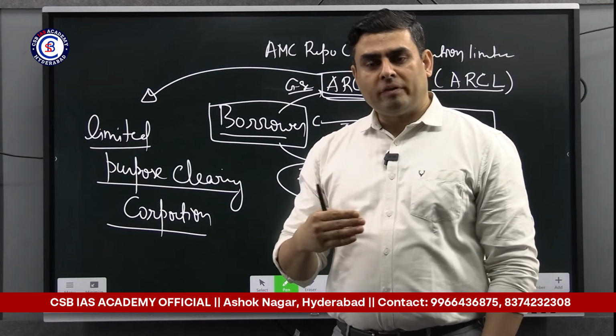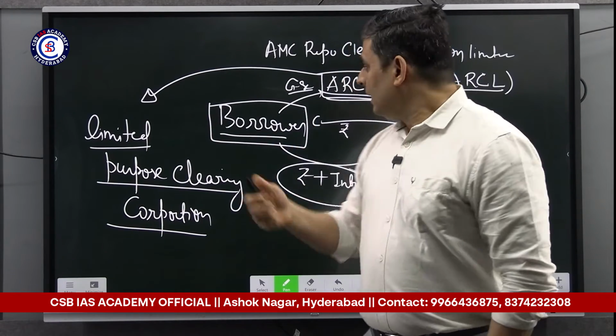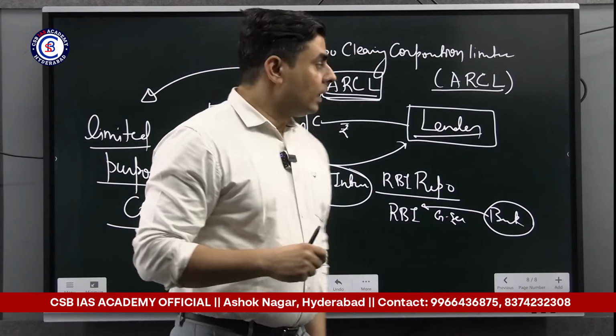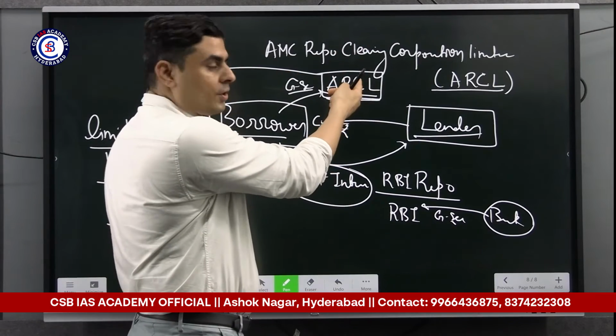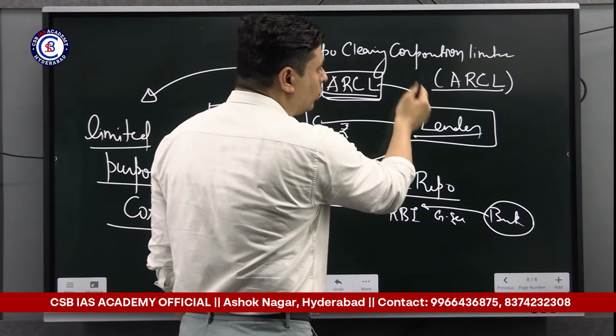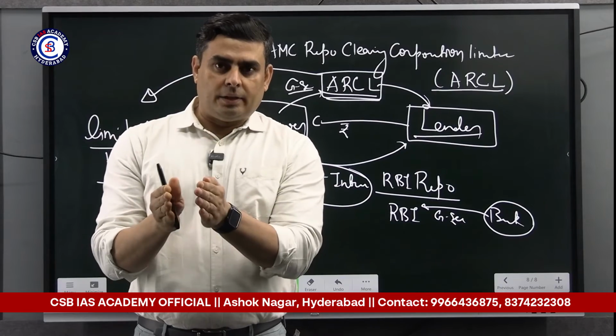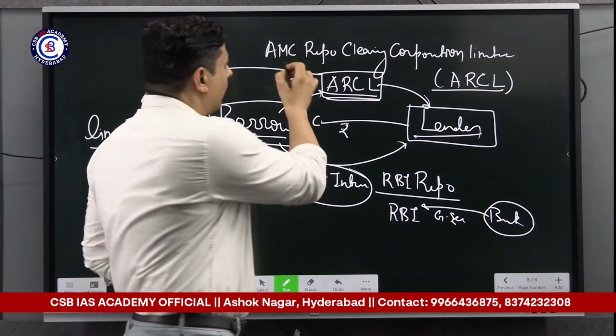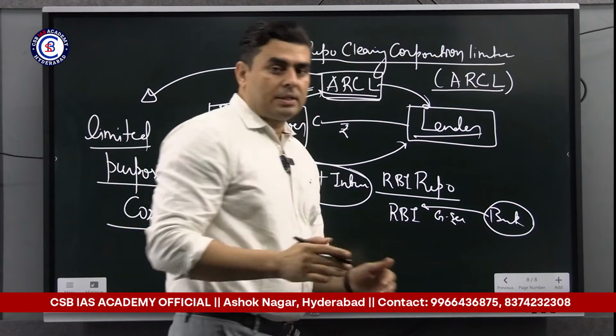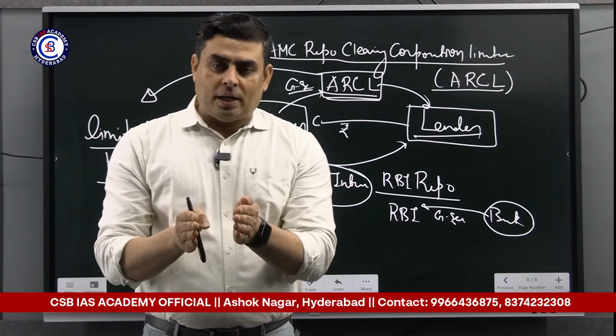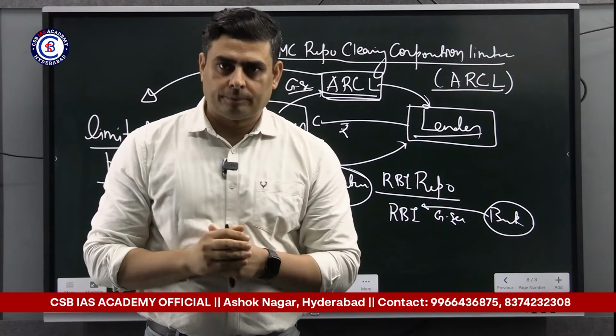And if the borrower fails to repay on time, then ARCL is going to sell that government security and give the money to the lender.